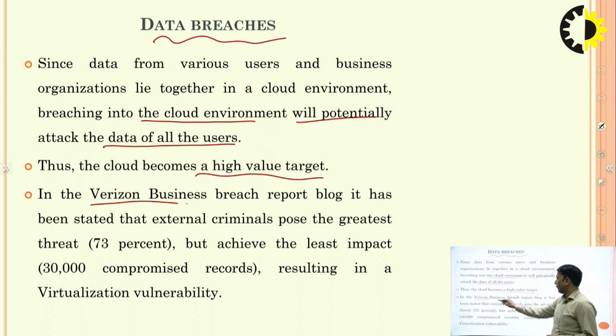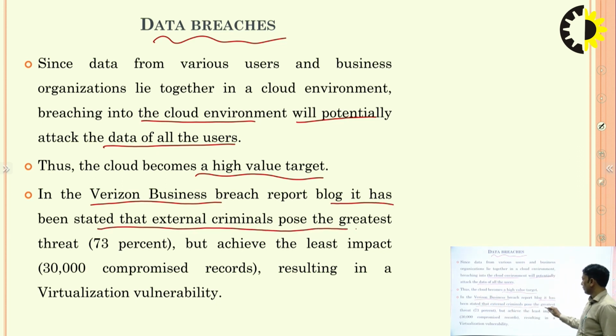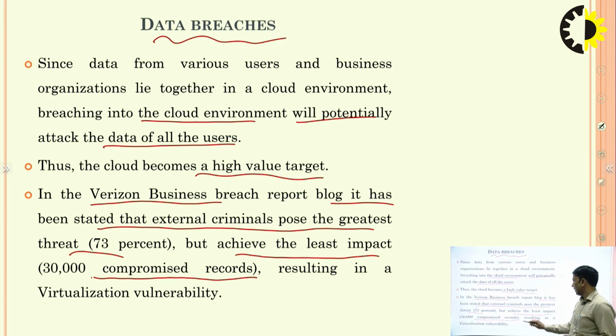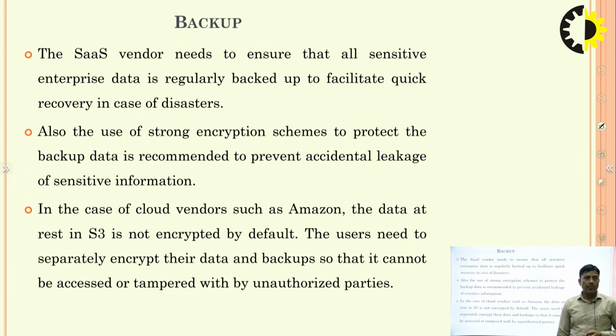In the Verizon Business Breach Report blog, it has been stated that external criminals pose the greatest threat, 73%, but achieve the least impact, 30,000 compromised records, resulting from virtualization vulnerabilities. So these are some data given by Verizon Business.